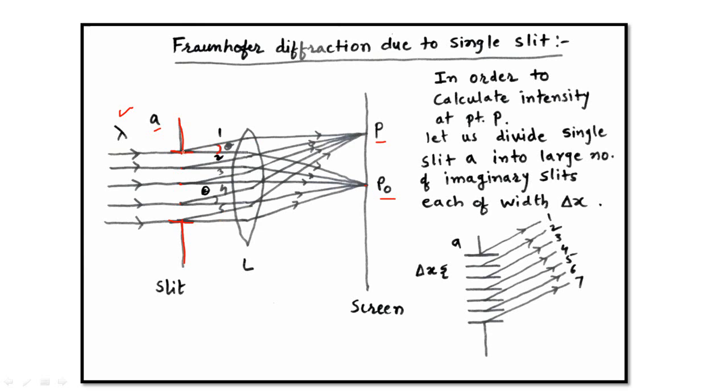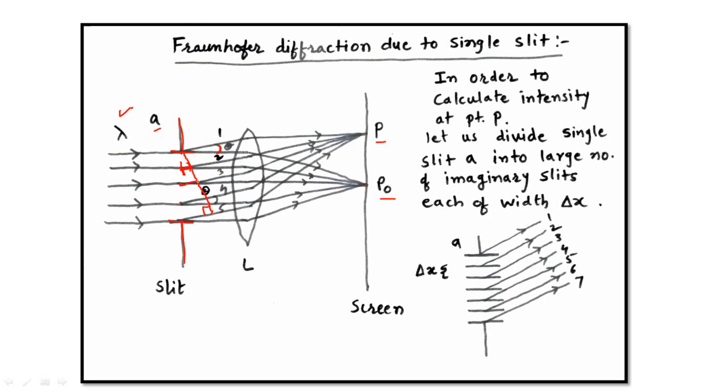How do they travel different paths? If I draw a perpendicular from this ray 1 on the paths of these rays, you will see that ray 2 travels this much additional distance as compared to ray 1. The paths traveled by all these rays beyond this perpendicular will be the same, but prior to this perpendicular, ray 2 travels this much additional path as compared to ray 1.